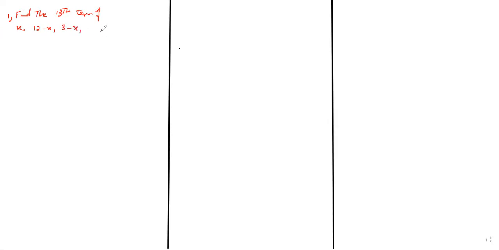Okay, so this will be, it is 1 minus x rather. Because this is misprinting in the question, so the solution is series is x, 1, 1 minus x, and so on. We have to find the 13th term.